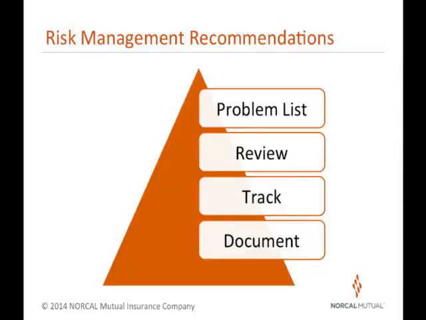Basically, it's really important in documentation to have chief problem lists so that there's a summary of what the patient has been or is being treated for, the review of records, and tracking the patient's, whatever system, again, whether it's a manual tickler system or an electronic system.